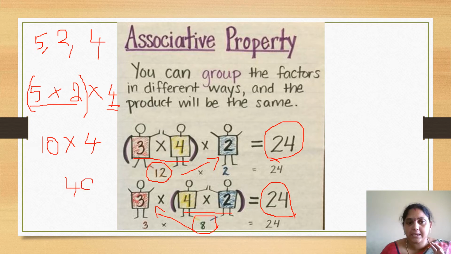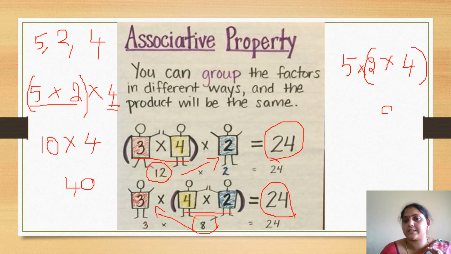Now we will see the same digits on this side. When we are grouping the numbers in a bracket differently, what is the product we are getting? So 5 multiplied by 2, 2 multiplied by 4. Now I am grouping my numbers 2 and 4. When I am multiplying 2 into 4, what is my product? It is 8.